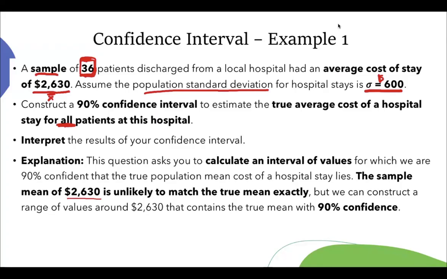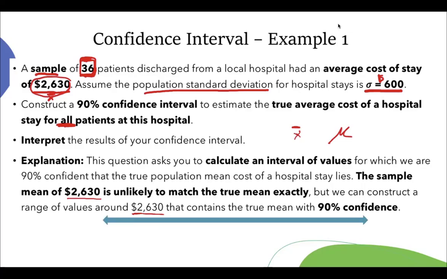It's very unlikely that the X bar we calculated and the mu we're trying to estimate are the same exact value. But if we construct a range of values around 2630, we can be 90% confident that it captures the true population mean.